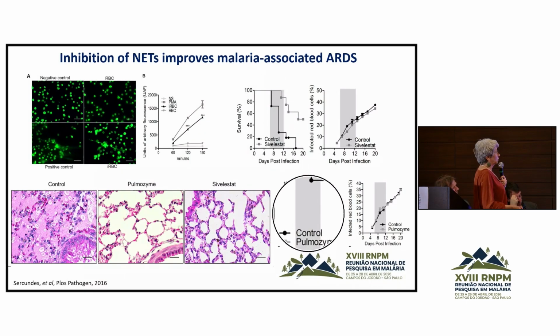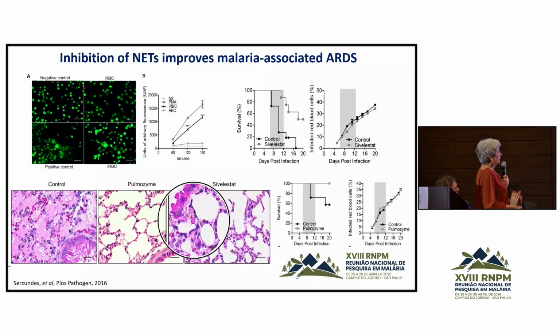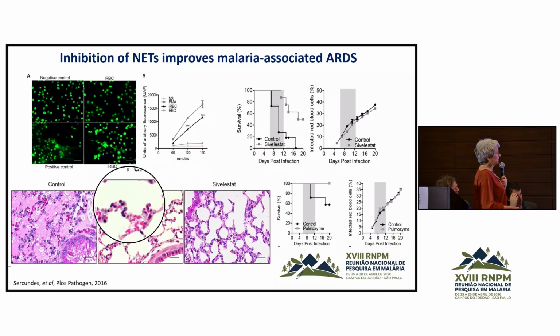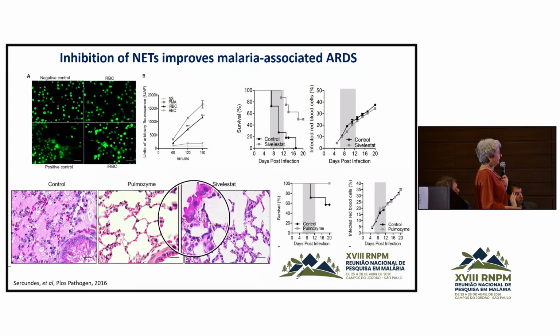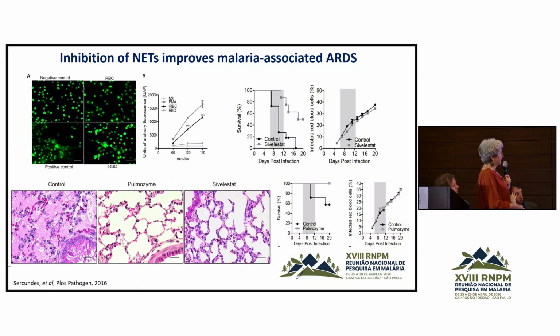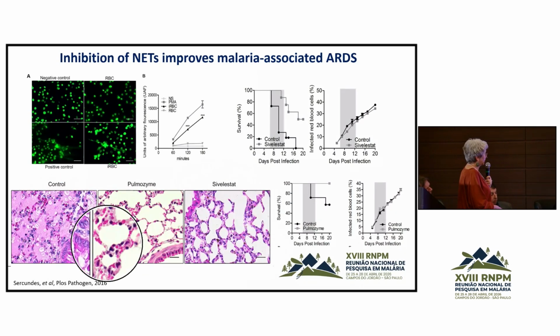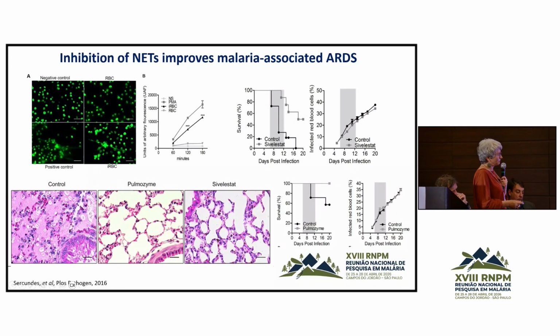So the animals survived more with dornase and sivelestat, and the lungs and their cytology remained less affected when compared to control animals here.